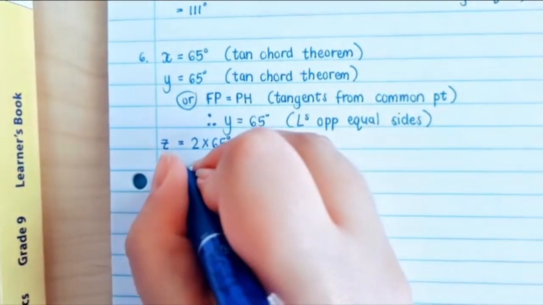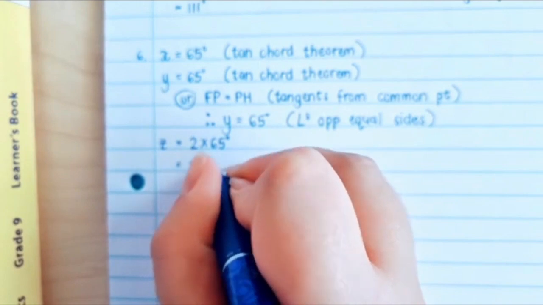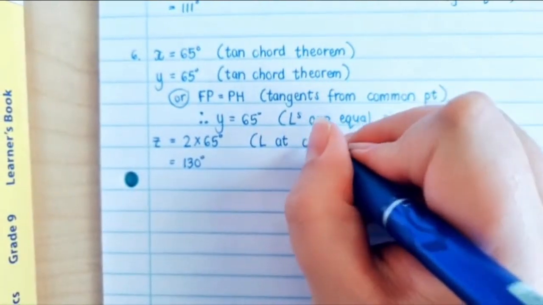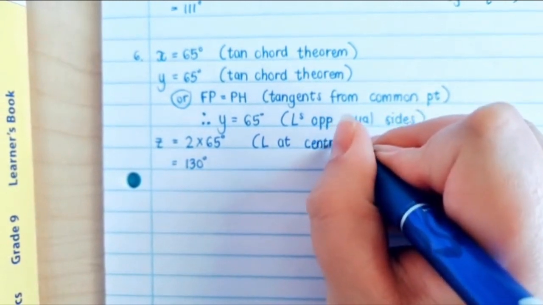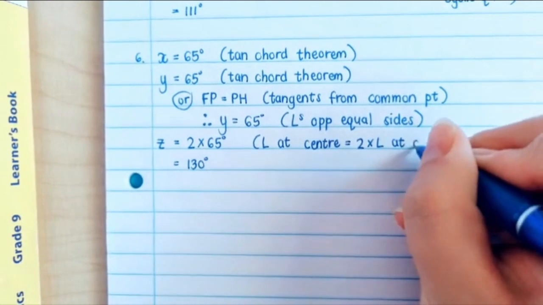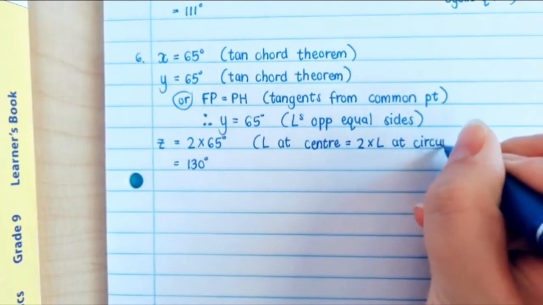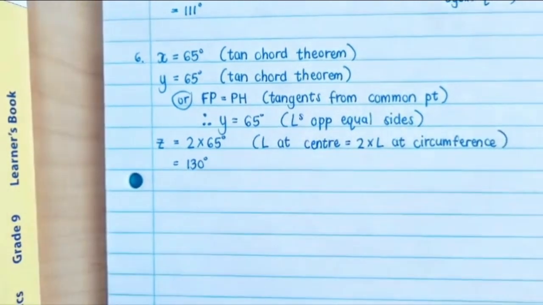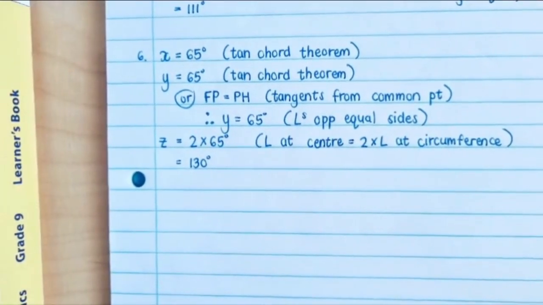You can just write the answer straight away. So that is 130 degrees, but you do have to write the whole reason. So angle at center equals 2 times angle at circumference. All right, there we go.